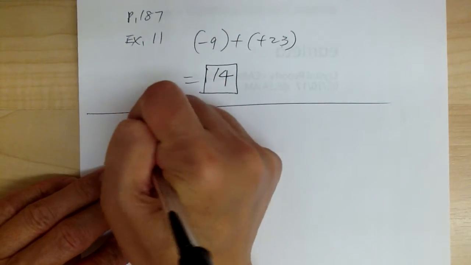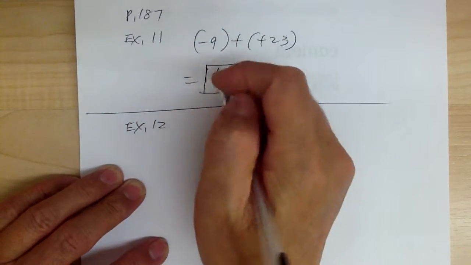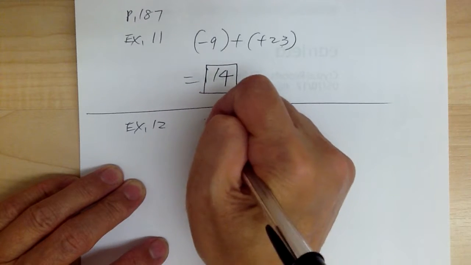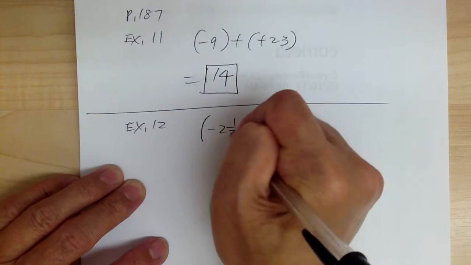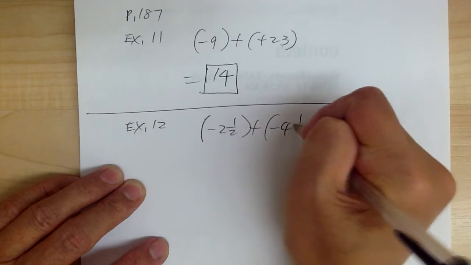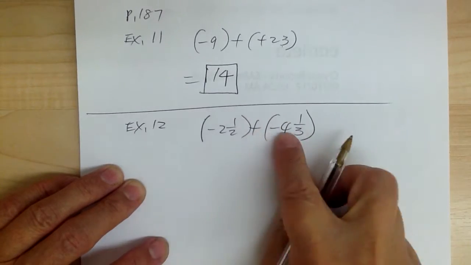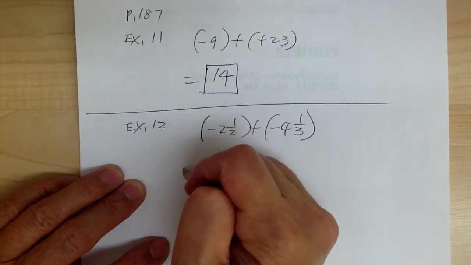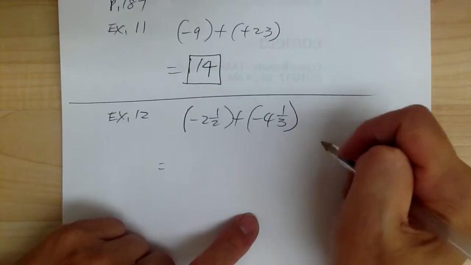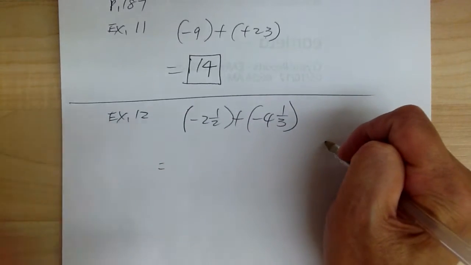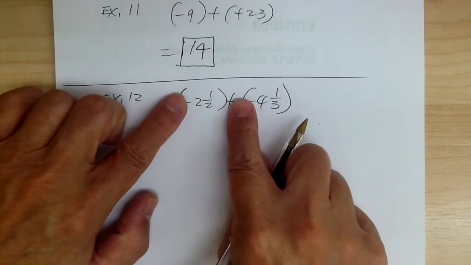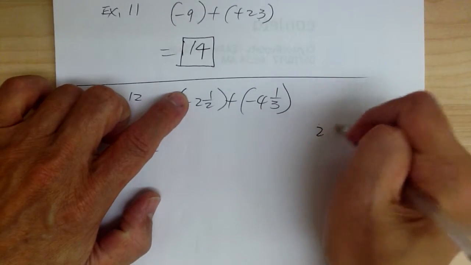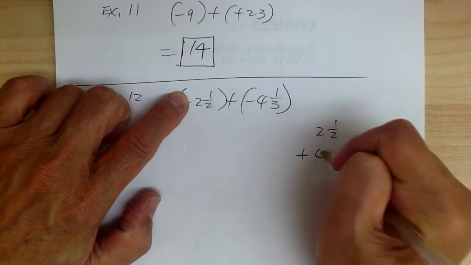Okay, let's go to example 12. You're looking for negative 2.5 plus negative 4 1/3. They have the same sign, so you have to add the numbers. So go off to the side and add the numbers together. Again, remember, when you're adding or subtracting, ignore the sign for now. So you have 2.5, and you have to add 4 1/3.